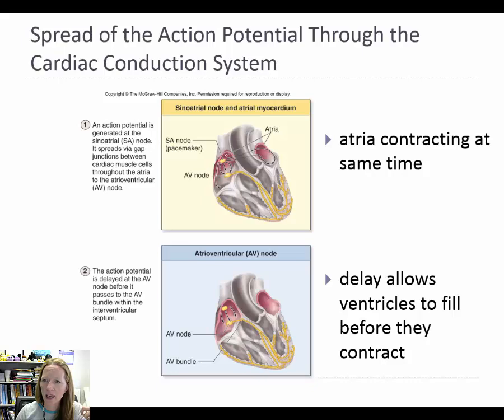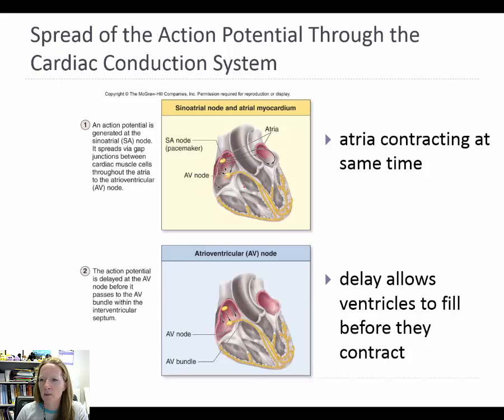When it sweeps across the atria, that action potential is telling the cardiac muscle cells to contract. And so that's exactly what is happening here, those muscle cells are going to contract. I guess not slowly, this whole process takes 0.8 seconds, so it's not too slow. Eventually it reaches the AV node, and at the AV node the signal is going to be delayed for a little bit, not too long at all.